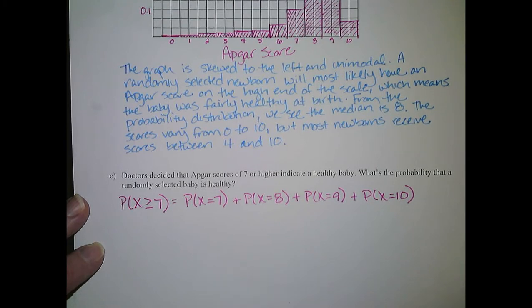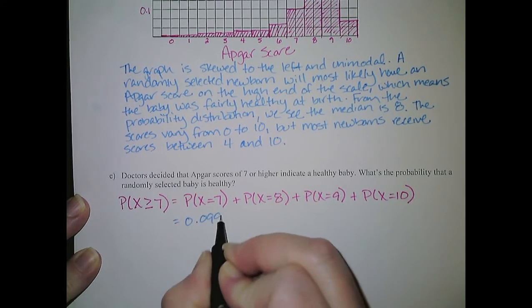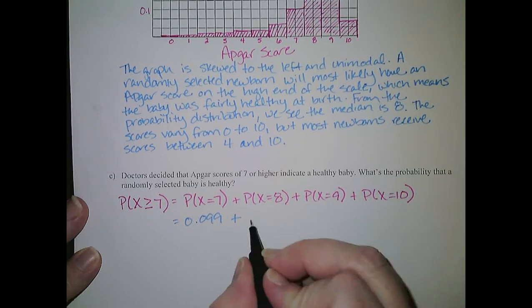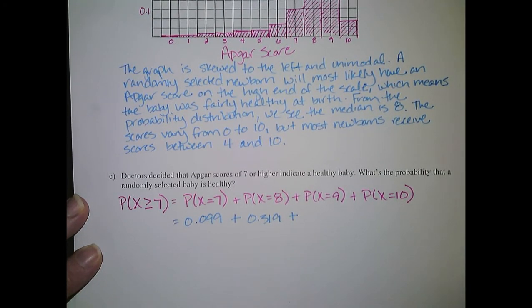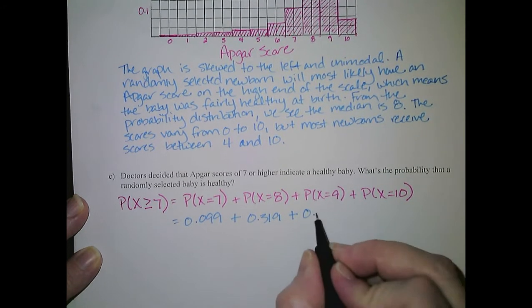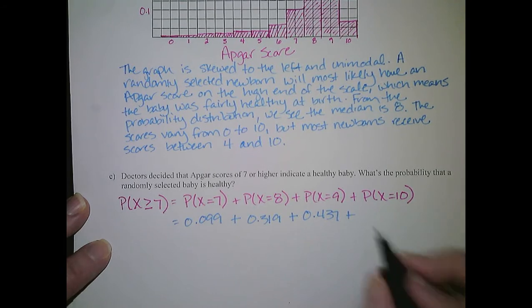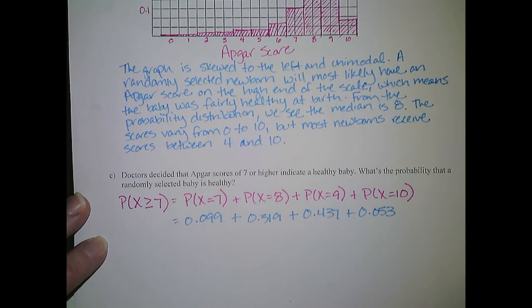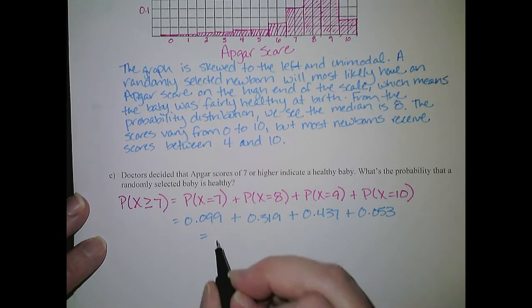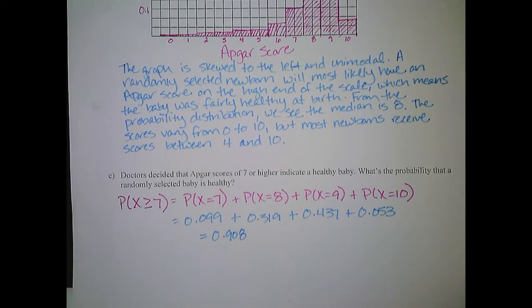So we saw that the probability of getting a 7 from our table is 0.099. The probability of getting an APGAR score of 8 is 0.319. The probability of getting an APGAR score of 9 is 0.437. And the probability of getting an APGAR score of 10 is 0.053. So if we add all of those probabilities together, we get 0.908.